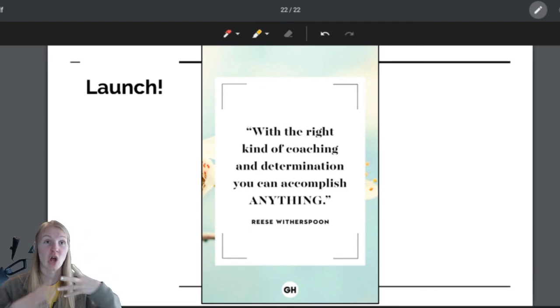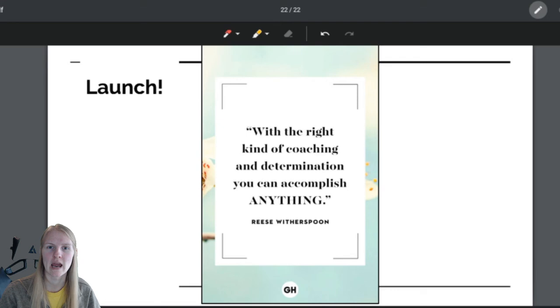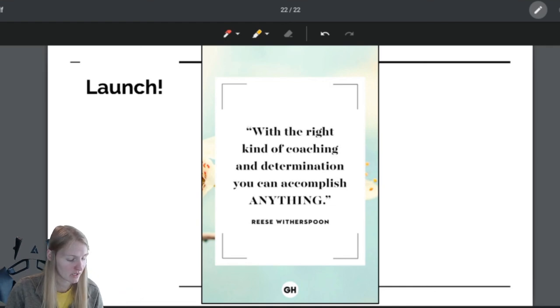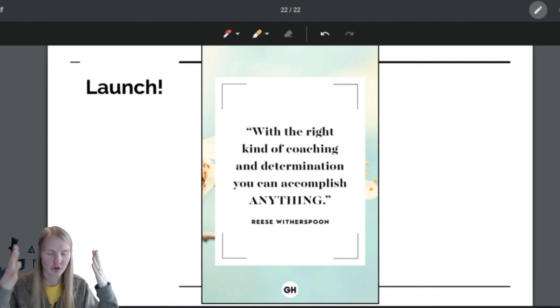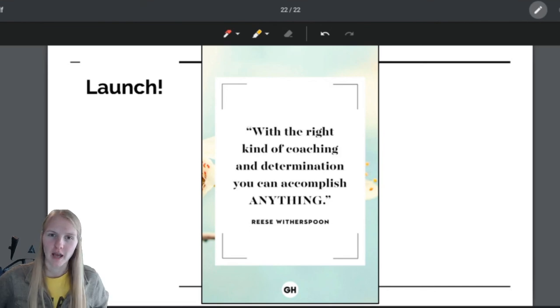Like me, for example, I love math, but if I were to try to learn PhD level math without a professor or something there to help me, I don't know if I could do it. I might need the right kind of coach. We'll have to see when I start trying PhD level math. But yes, if you're really determined to do something, find a coach that you trust to help you get there.